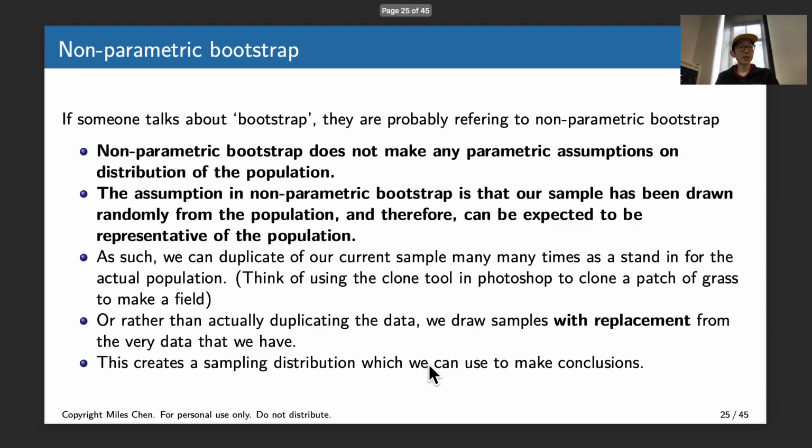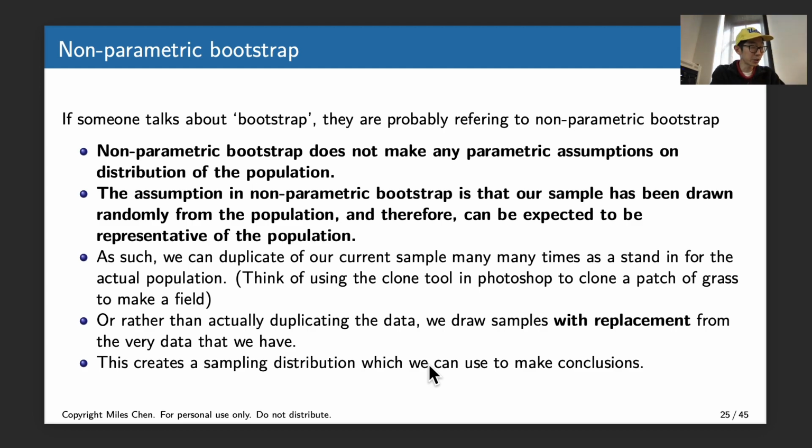All right, let me now talk about non-parametric bootstrap, okay? So when somebody talks about bootstrap, they probably are thinking non-parametric bootstrap. Non-parametric bootstrap is traditionally what's referred to when we just use the word bootstrap.